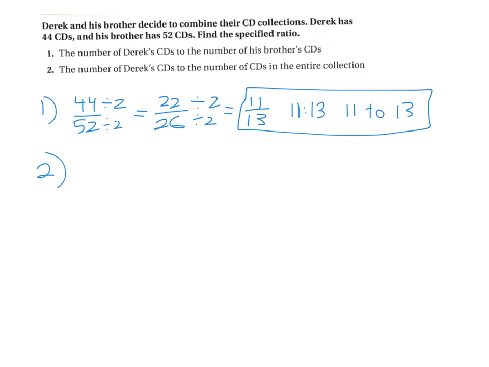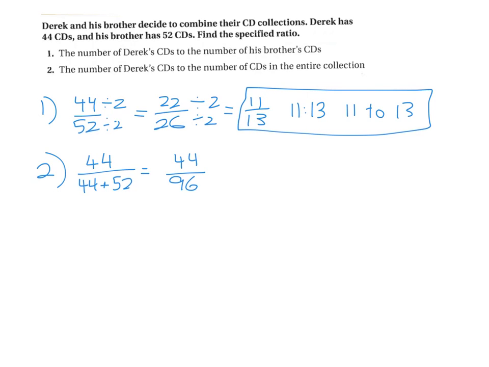If we want the number of Derek's CDs to the number of CDs in the entire collection, we still have Derek's CDs in the numerator. In the denominator, we have all of the CDs in the collection that we have to put together. So this is going to give us 44 over 96.